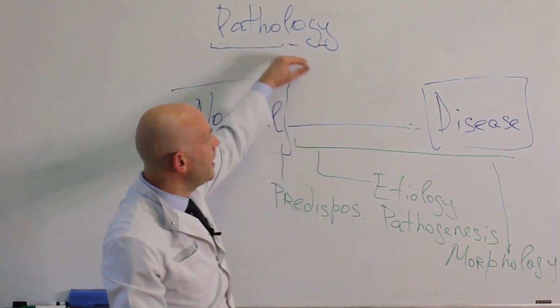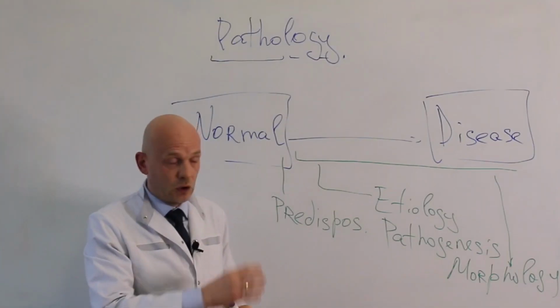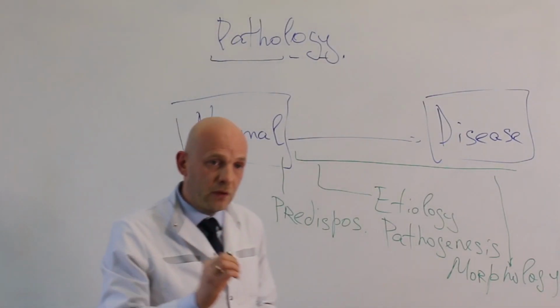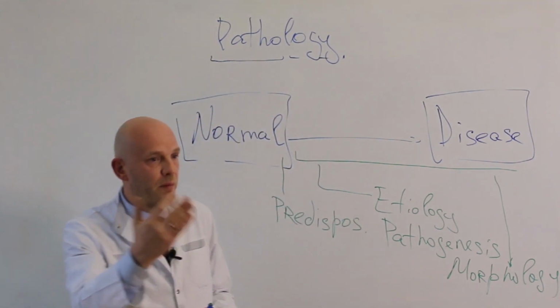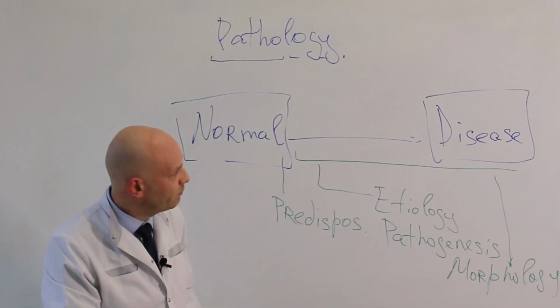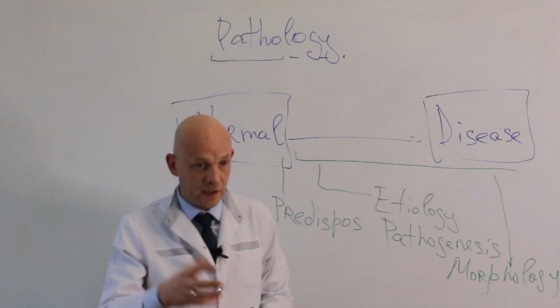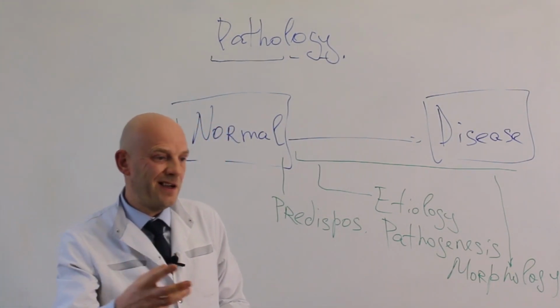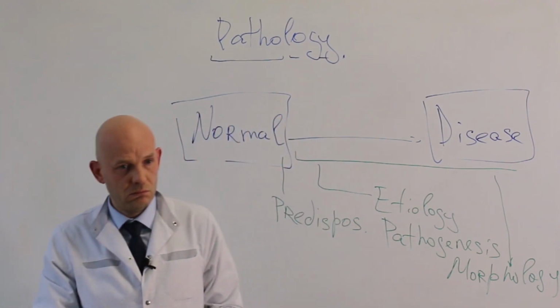That's the main aim of pathology as a subject for the medical university. The particular information about particular diseases, you will learn from therapy or surgery or obstetrics or some other disciplines. But studying pathology is a kind of knowing the rules of the game.